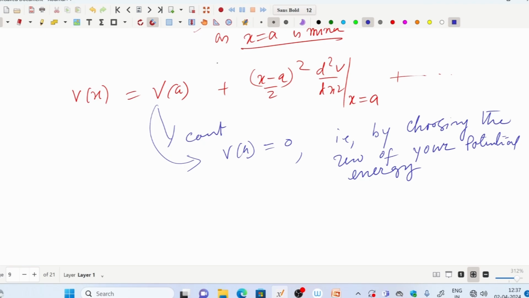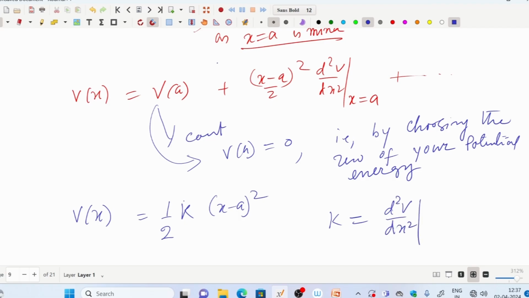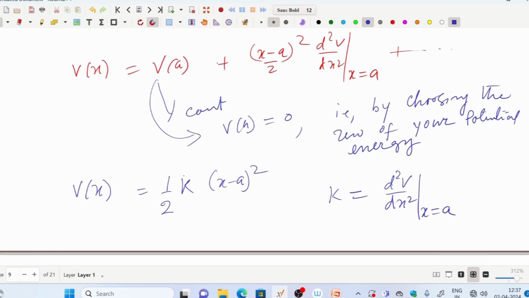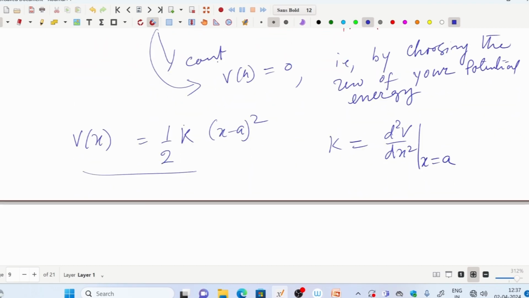So, your V(x) is half k (x minus a) whole square, where k is equal to the double derivative of the potential at x equal to a. Now this is a simple harmonic oscillator potential.